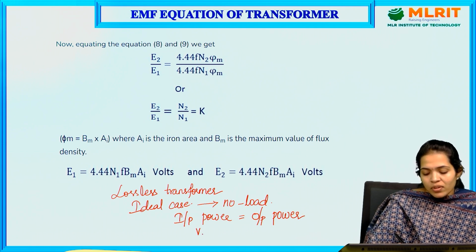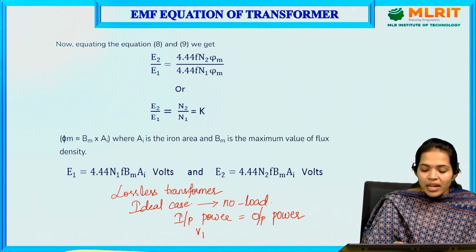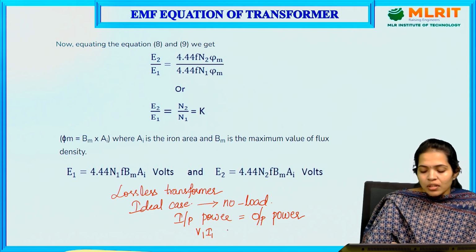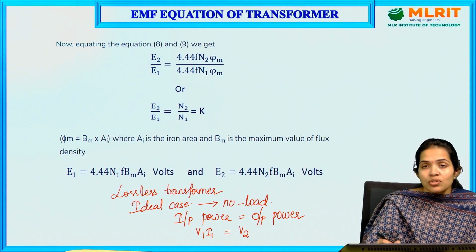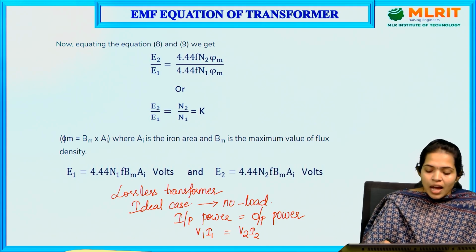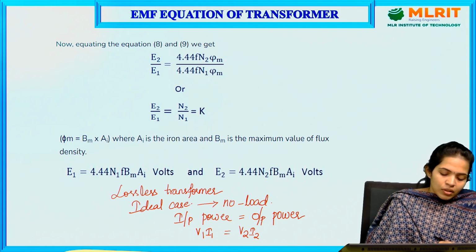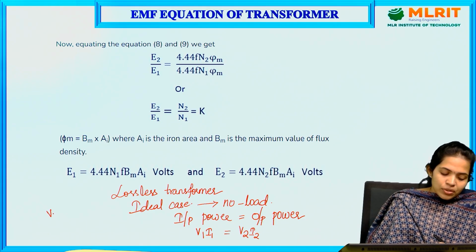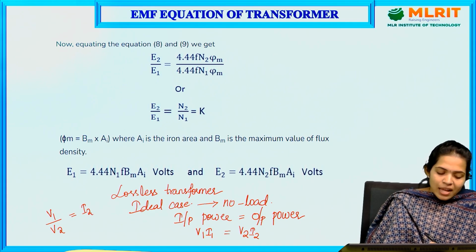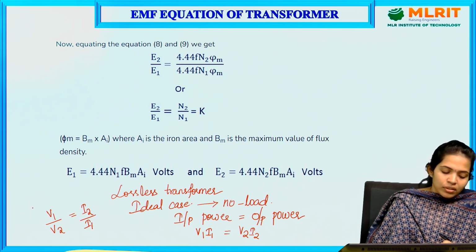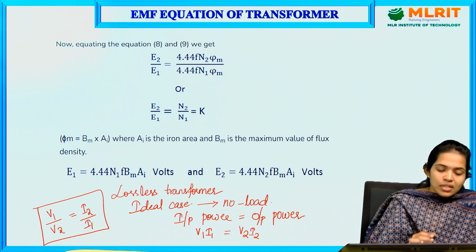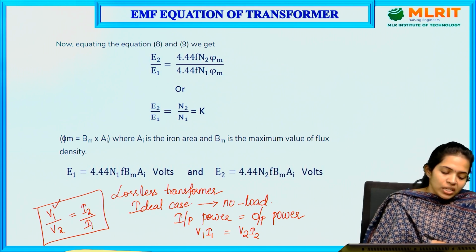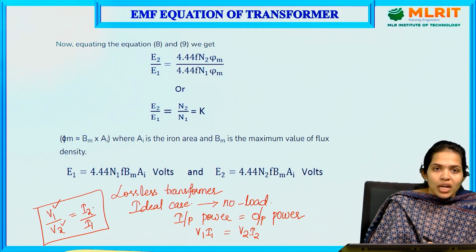For input power, we have seen the AC supply as V1 into I1, and the terminal voltage across the load as V2 into the current in the secondary winding as I2. From this relation, we get the equation for V1 by V2 as I2 by I1. So this is the relation for the supply voltage to the terminal voltage and the respective currents in the secondary winding and the primary winding of the transformer.